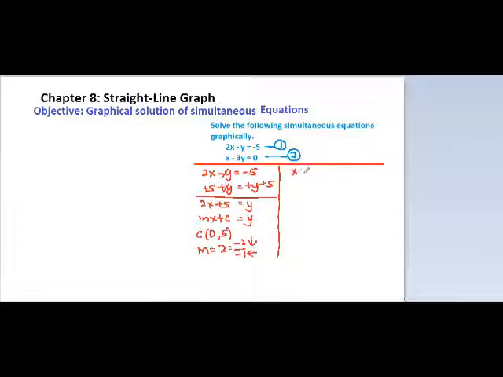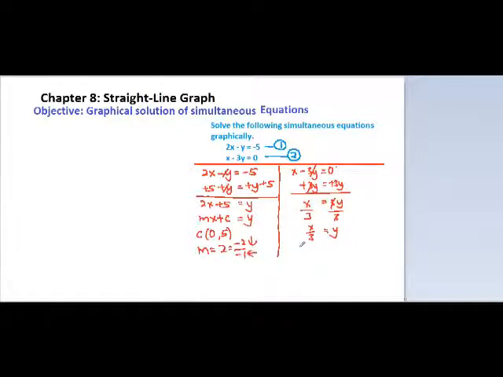Let's do the same for the second equation. So we add 3y to both sides, and we have x equals 3y. Then divide both sides by 3. So we have y equals x over 3.